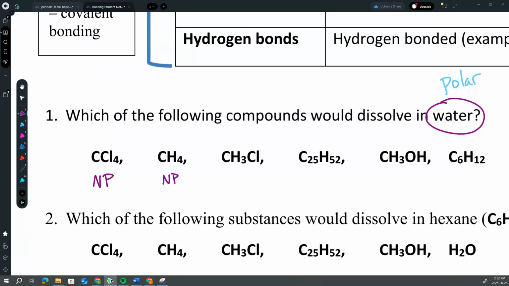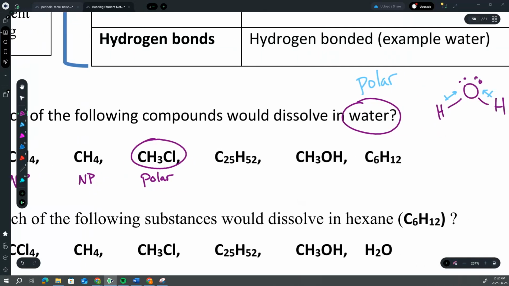Now, we have CH3Cl, so it's carbon with two other things. That means this is polar. So I'm going to circle the ones that would dissolve in water. CH3Cl, yes, that would dissolve in water because it is polar. Now, C25H52, that's quite a large molecule, but it's still just carbon with one other thing.